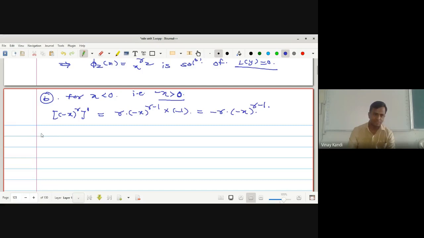Okay, similarly, minus x raised to r double dash is equal to what? Solve it and tell me what is the answer: the second derivative of minus x raised to r.